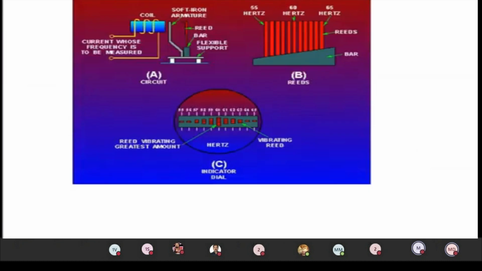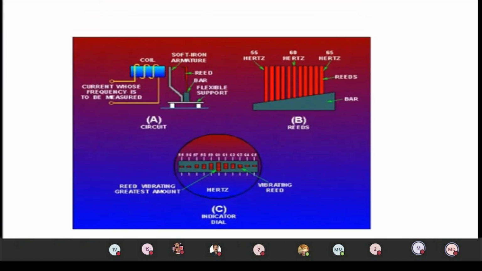You can realize the working. On this diagram you can see there is a coil, that is an input supply whose frequency has to be measured, and there is a soft iron armature which is going to act as a magnet. When the current passes through the coil, the armature will be attracted, and at the right hand side you can see different reeds, that is steel strips, named as reeds.